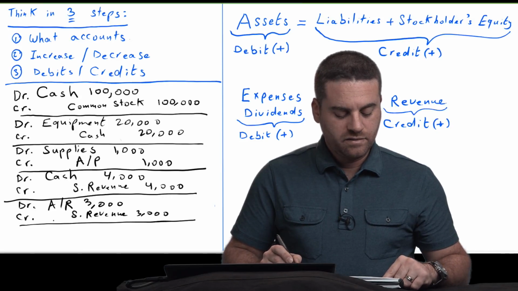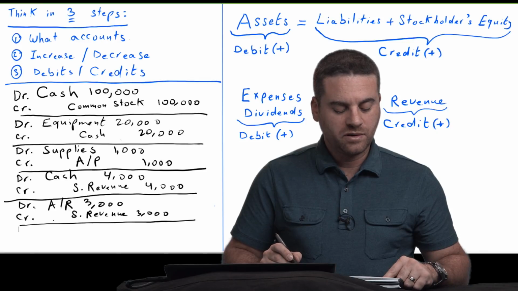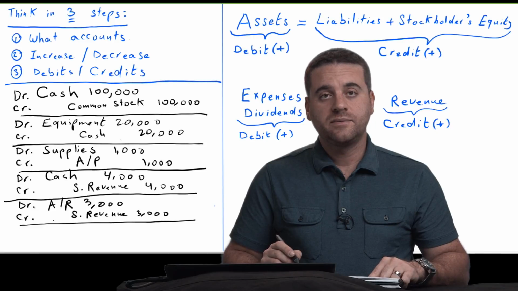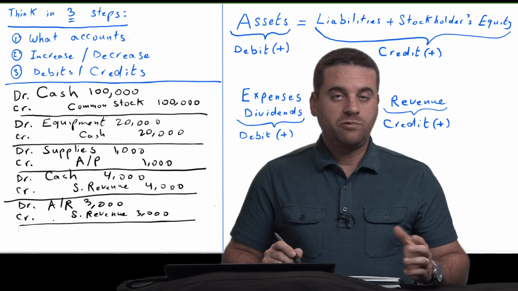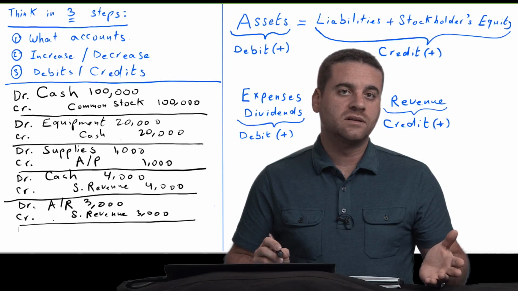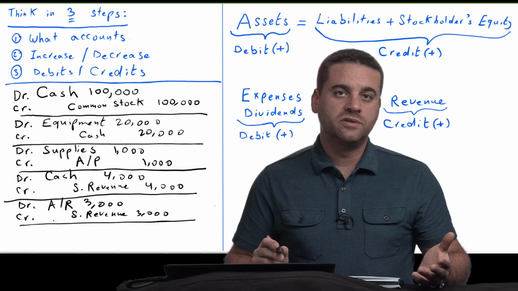Okay. Now, let's record one more. Paid $500 for advertising. When we pay for advertising, we consider that an expense because advertising is one of the operational activities that any company will do.